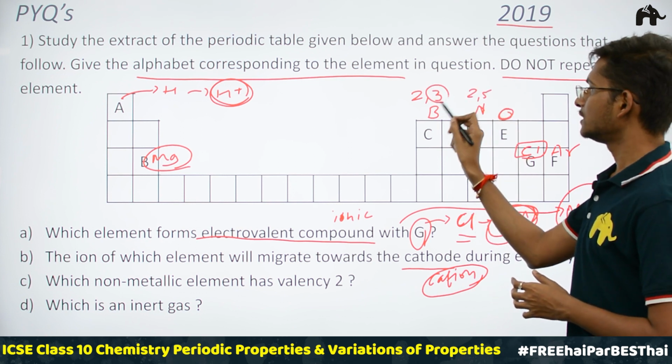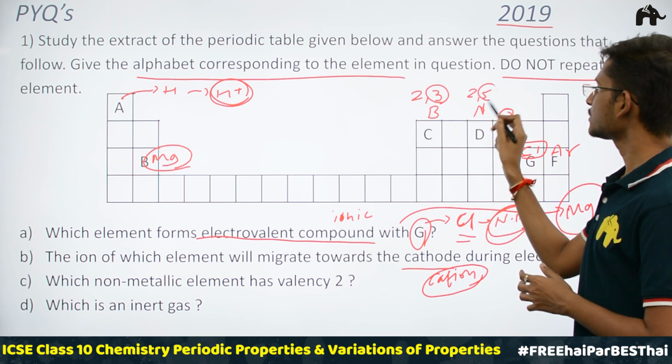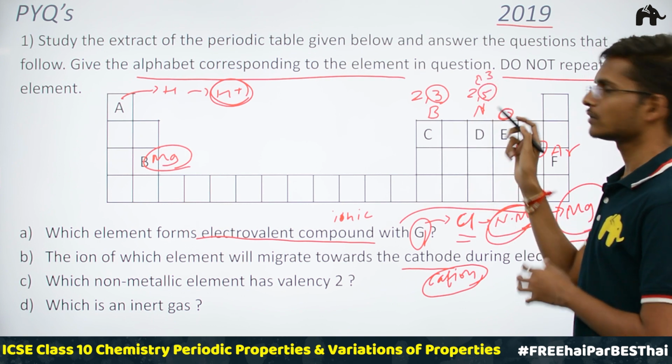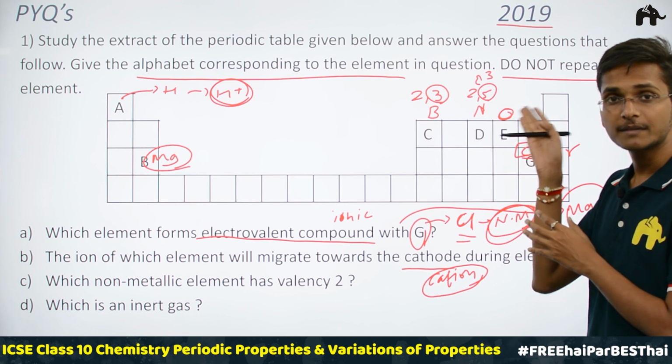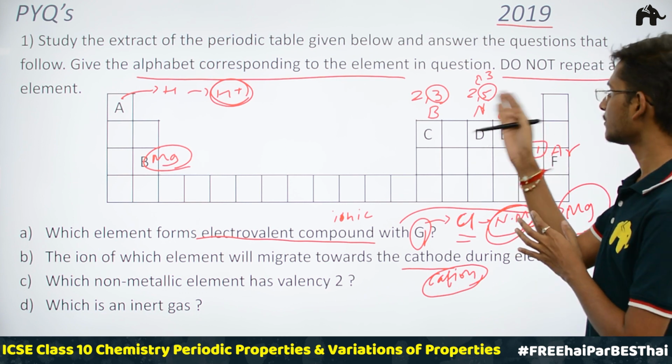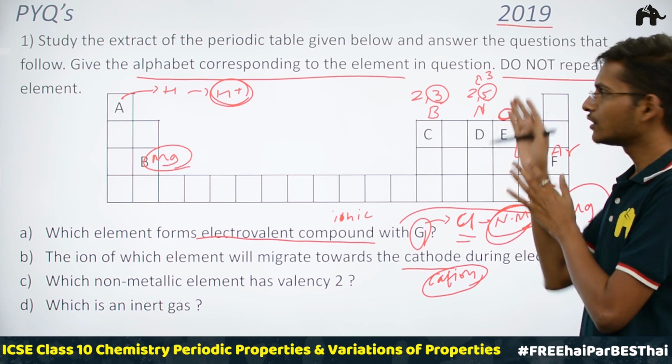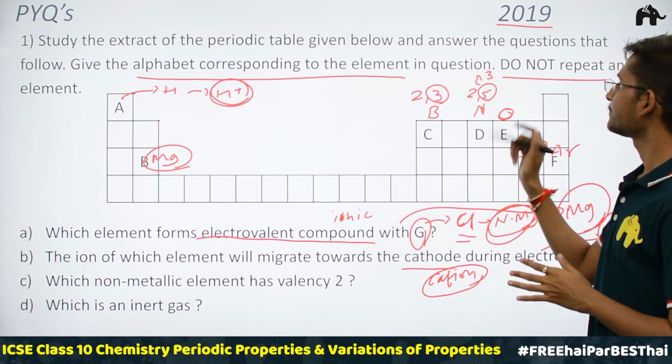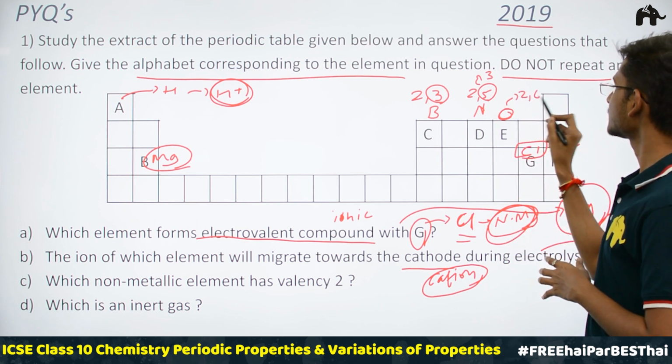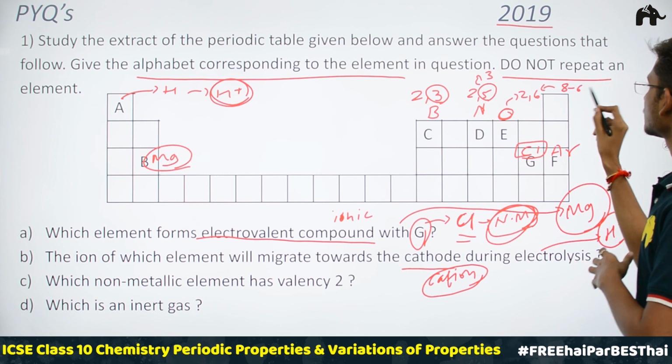So the valency of nitrogen is 3. We do 8 minus 5, because the number of electrons in the outermost shell is 5, so we get 3. Then oxygen is 2, 6, and 8 minus 6 is 2.